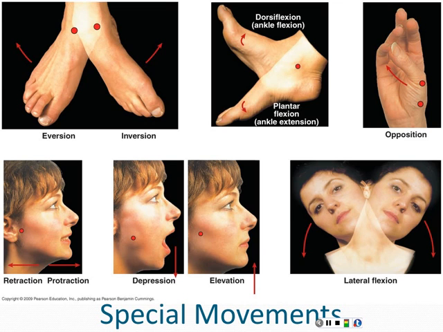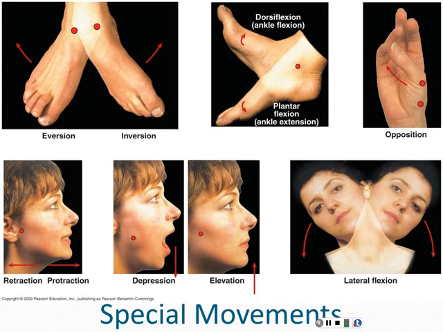The jaw is very flexible. You can take the jaw and push it forward, and you can pull it backwards. And then you can open it and close it. So retraction is to pull the jaw in towards the neck. Protraction is to stick the jaw out.